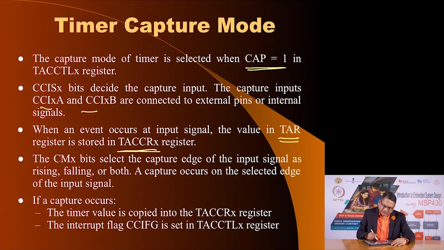The CMX bits will select the capture edge of the input signal. Do you want it on rising or falling, and so on. And if a capture occurs, then the timer value is copied into this register, and the interrupt flag CCIFG is set in this control register, so that an interrupt is generated, provided the global interrupts have been enabled.